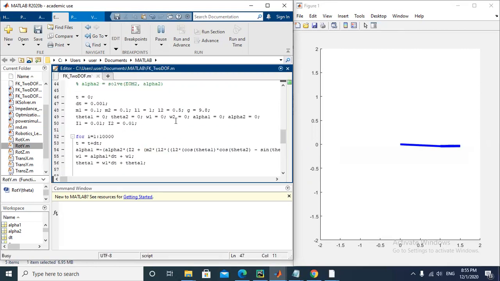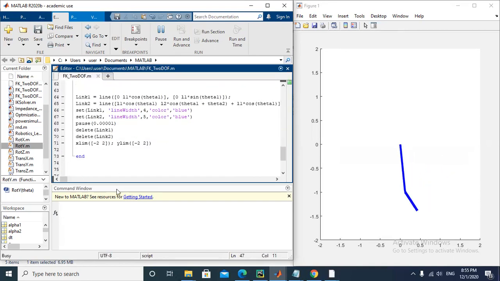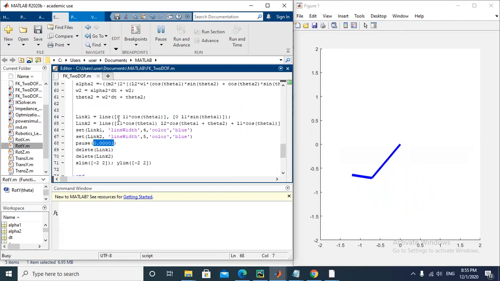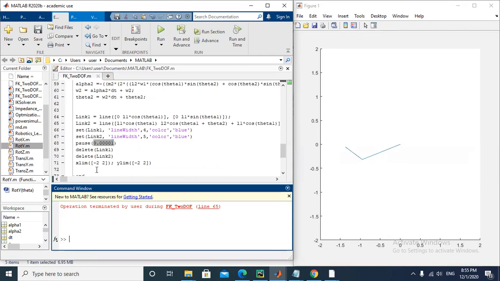You will see that in our notes. So I'm reducing my dT and I'm pausing for a little bit less than that. But MATLAB is not real-time software, so there is a cost for running this. That is why you don't see it running in real time.